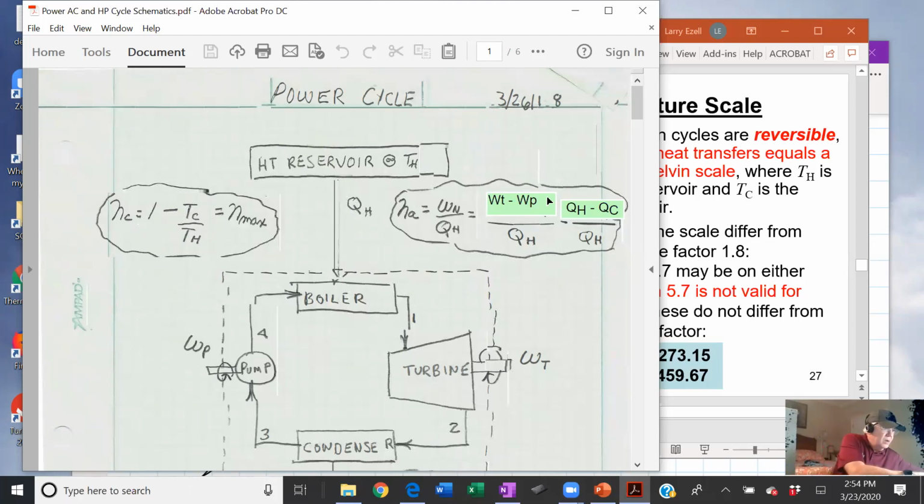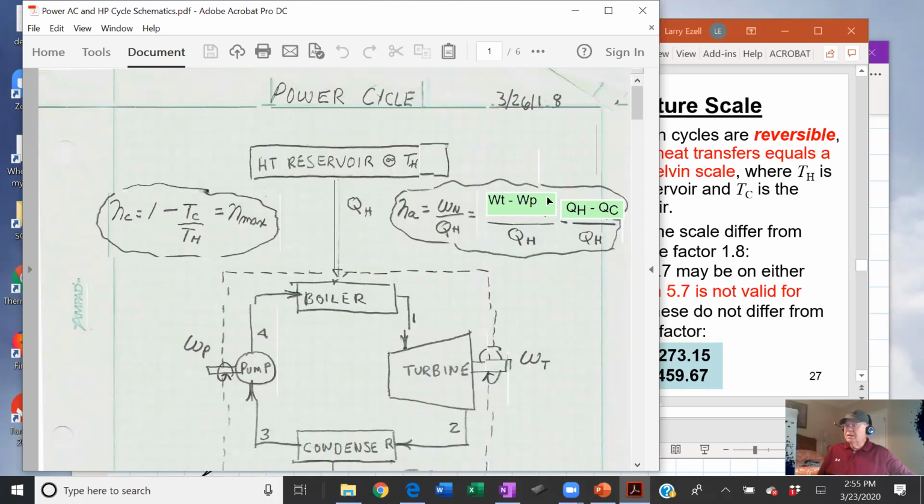So let's calculate one. Let's say I had a TH of 600 degrees Kelvin, and a TC of 273, maybe 300.